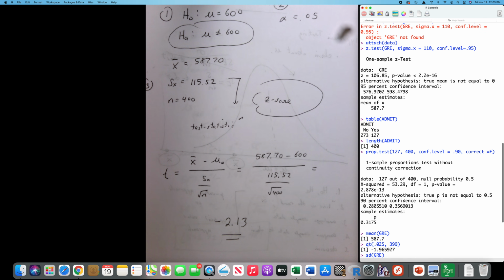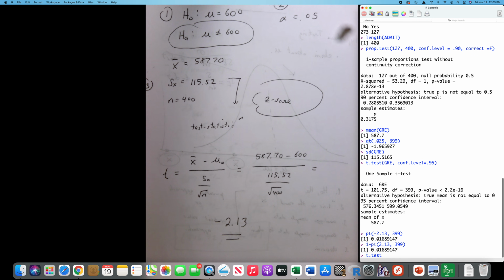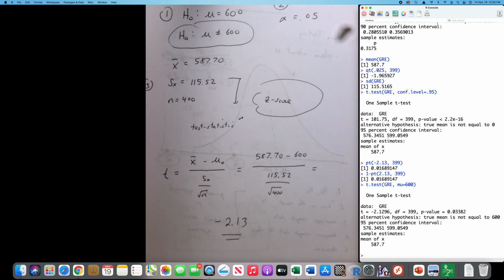Now, if I'm going to do that on my calculator, I'm going to use t.test. I think I used that somewhere above, right? Or did I ever use a t-test? And I get values that look very convenient. My test statistic is negative 2.13.